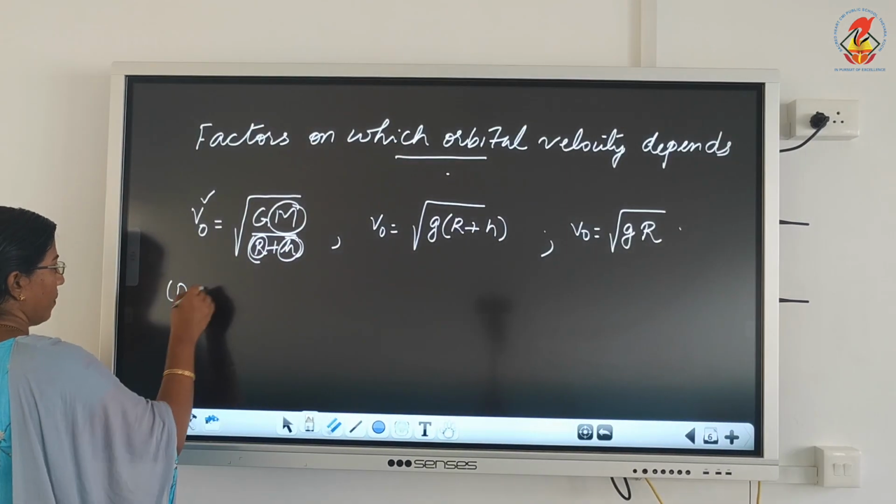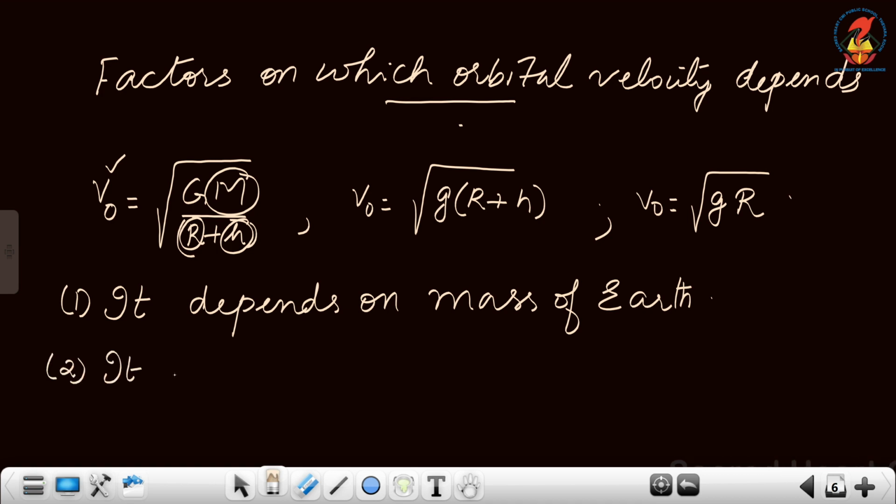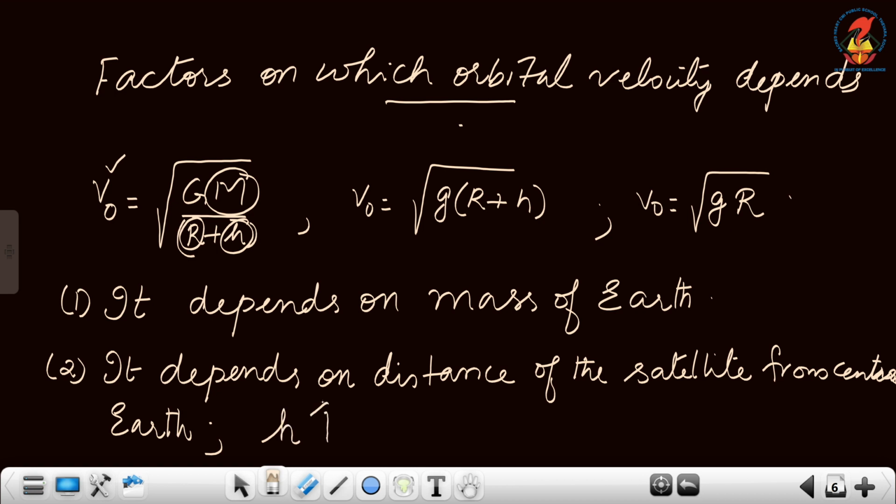So orbital velocity depends on the mass of the Earth. Second, it depends on the distance of the satellite from the center of the Earth, which means if the distance from the surface of the Earth is more, then what happens?